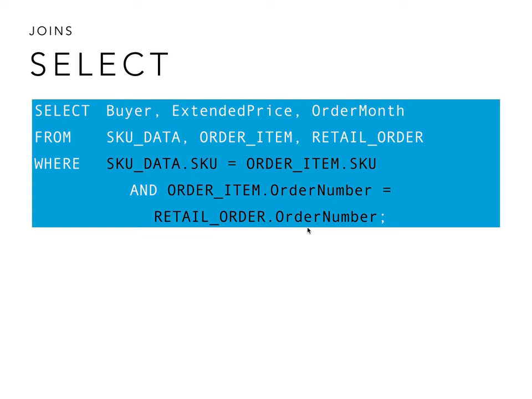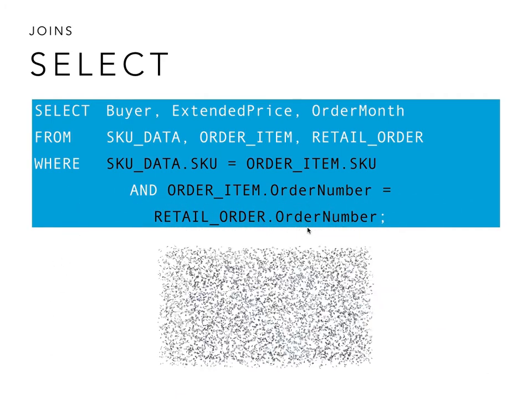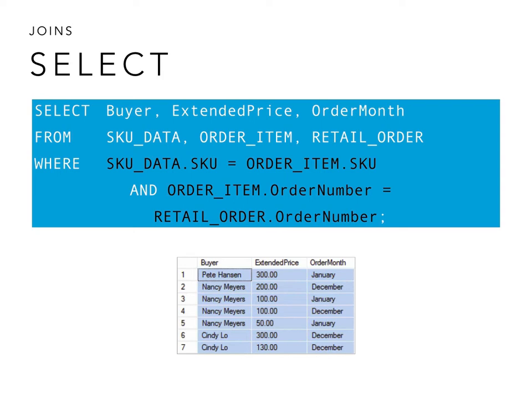So this is specifying in syntax, in code, the relationships that exist between these 3 tables. We have 2 relationships between them. And by doing that, we can combine columns that exist in different tables into one data set. That's often something we want to do.